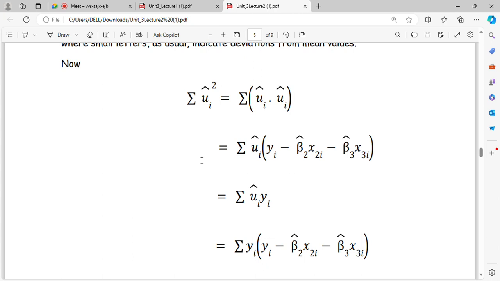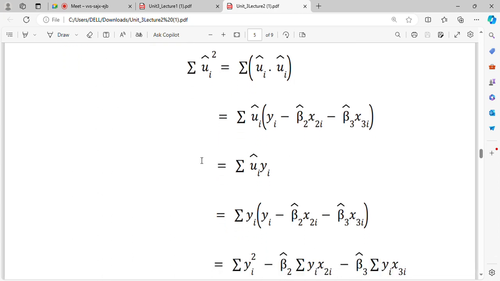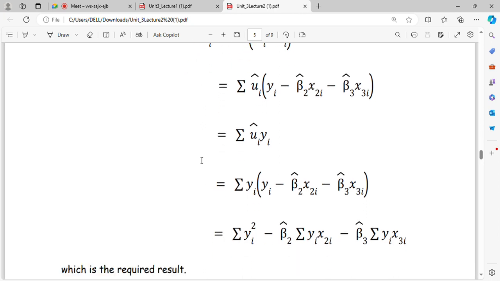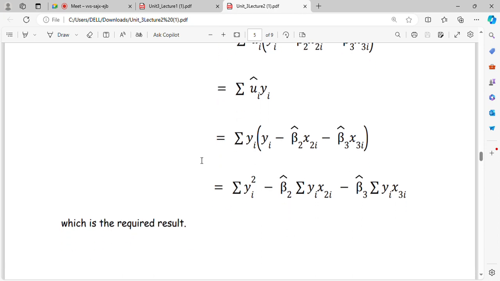Similarly, keeping yi same, the previous term ui hat is again yi minus beta 2 hat x2i minus beta 3 hat x3i. Now if we multiply this, we get summation yi square minus beta 2 hat summation yi x2i minus beta 3 hat summation yi x3i, which is the required result.